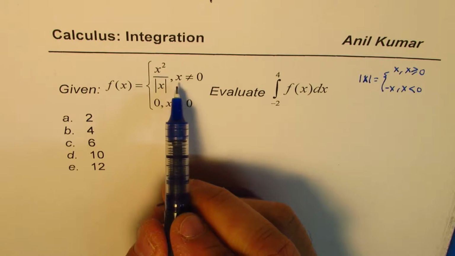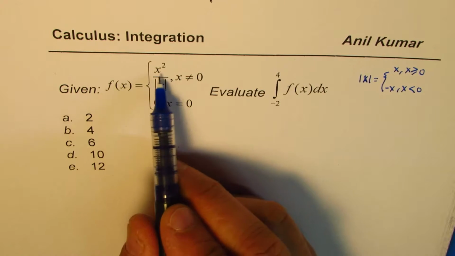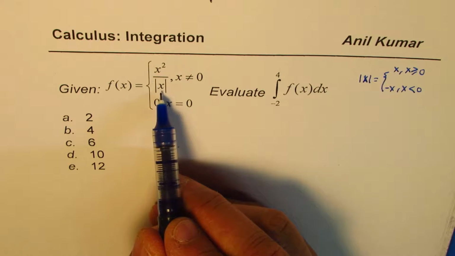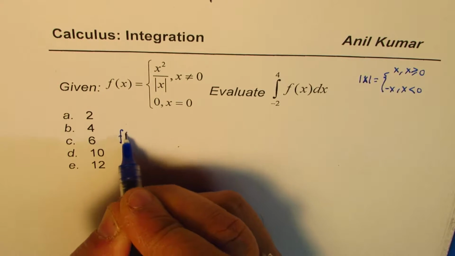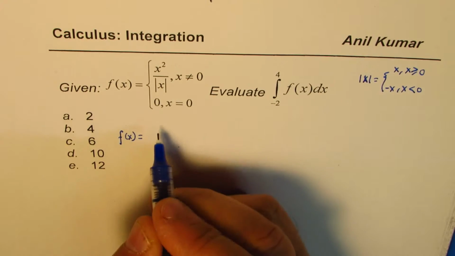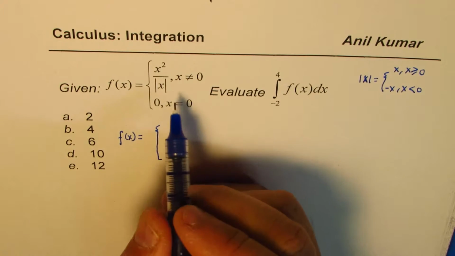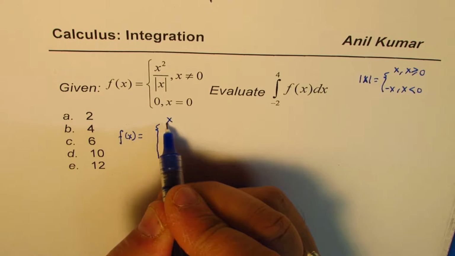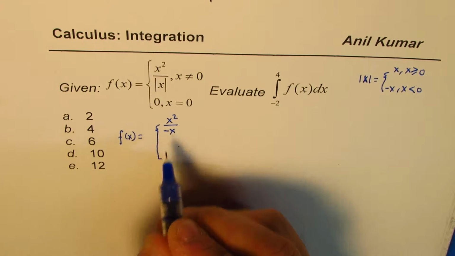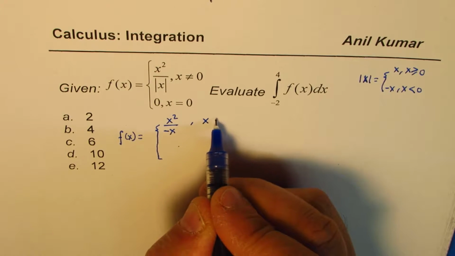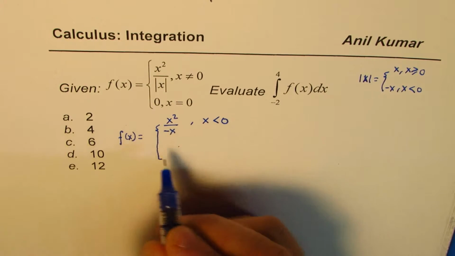So when we are saying that this function is equal to x squared divided by absolute x for x not equal to 0, that means we could rewrite this as the function f of x equals x squared divided by minus x when x is less than 0, right?